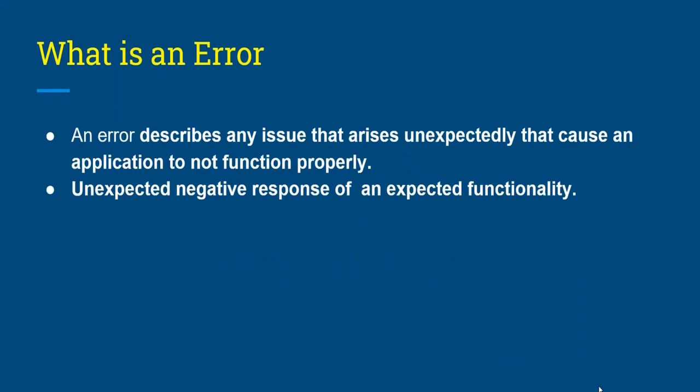In general, what is an error? It is when you use a correct functionality in a wrong way, or you receive a negative response for the expected functionality, an unexpected negative response of an expected functionality. For example, in your mobile phone, you lock it with a pattern, fingerprint, password, or pin.